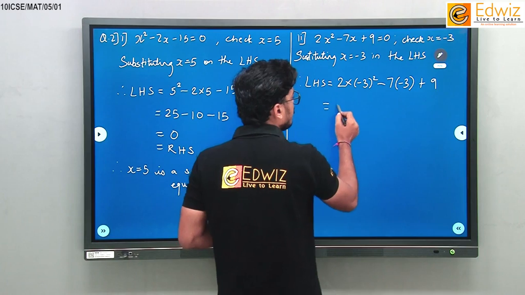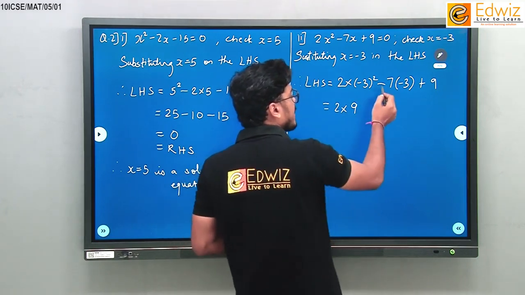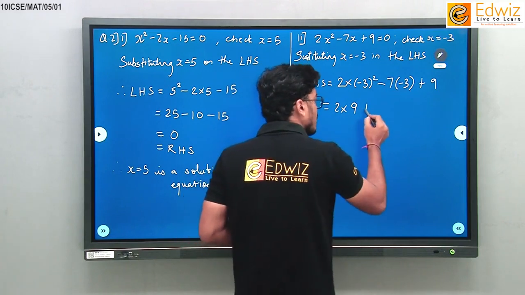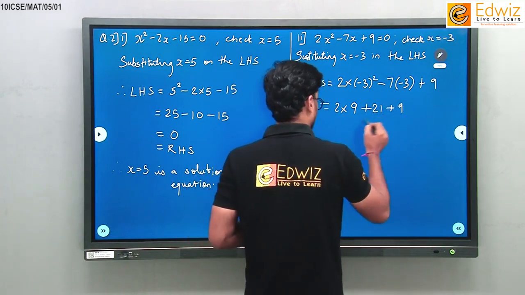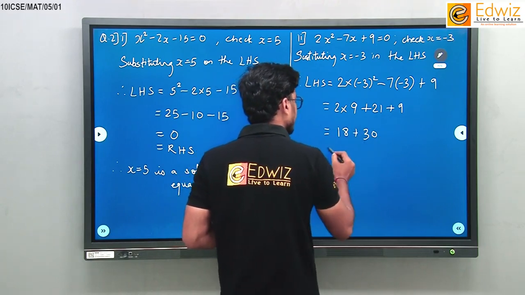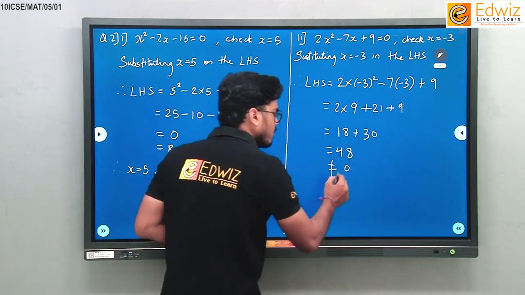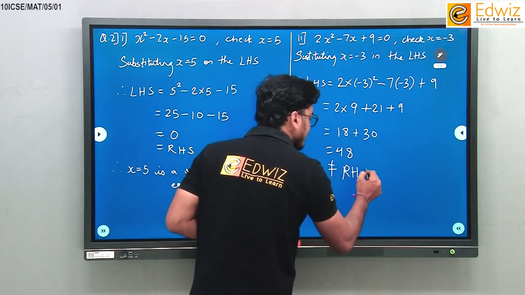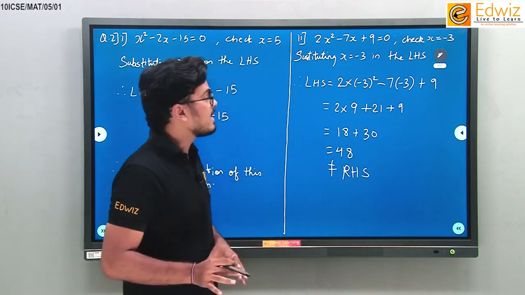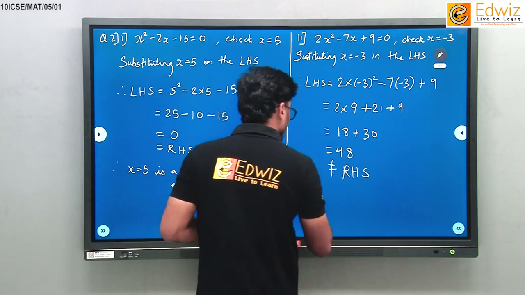So this is equal to 2 times minus 3 square is positive 9, okay, and minus 7 into minus 3 is also positive 21. So you are getting 18 plus 30, that is 48. Now this is clearly not equal to 0 or clearly not equal to the right hand side. Okay, so we can say that x equal to minus 3 is not a solution of this quadratic equation.